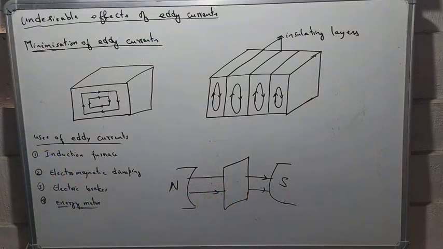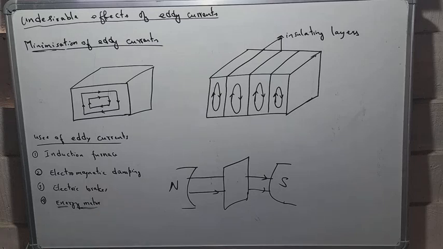As the coil moves in the magnetic field, current will be set up in the coil, and this current is known as the eddy current. This eddy current will stop the oscillations of the moving coil, which means the oscillations of the coil are damped. So this is called electromagnetic damping.